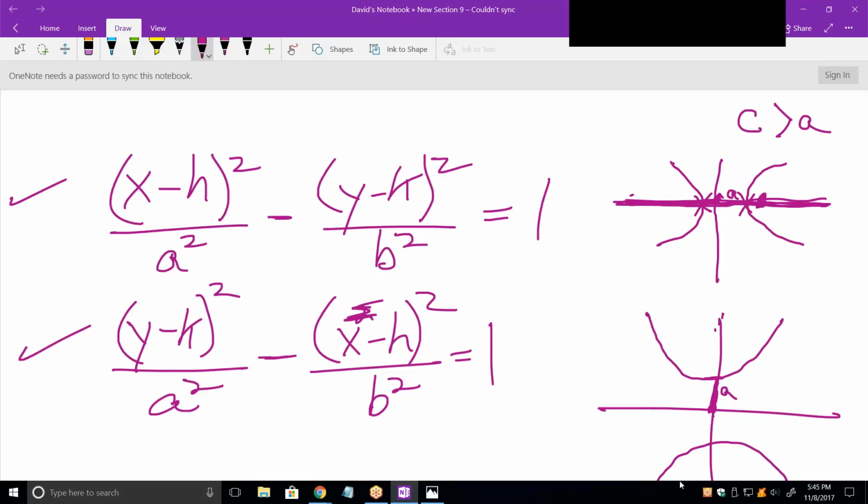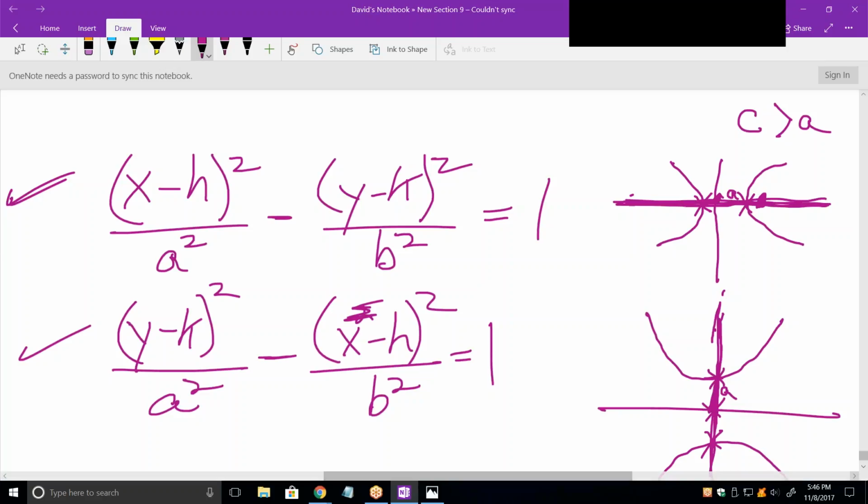In the bottom one, the major transverse axis is the y-axis, a vertical line that goes through both vertexes and the center of the hyperbola. So that's where A is measured, and that's why in the horizontal hyperbola, A is under the x squared term. In the vertical hyperbola, A is under the y squared term.